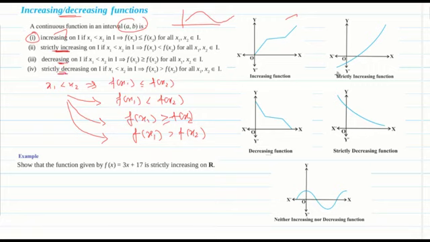Okay, children, you can see the difference between the strictly increasing and increasing function. Here you can see there is a stop over here and then it is increasing. Okay, children, but here there won't be any stop, it keeps on increasing. Okay, children, so here also we can see the decreasing and strictly decreasing. Okay, children, so this is what.